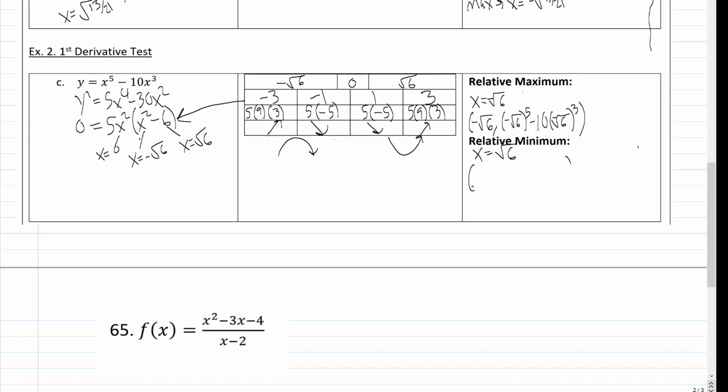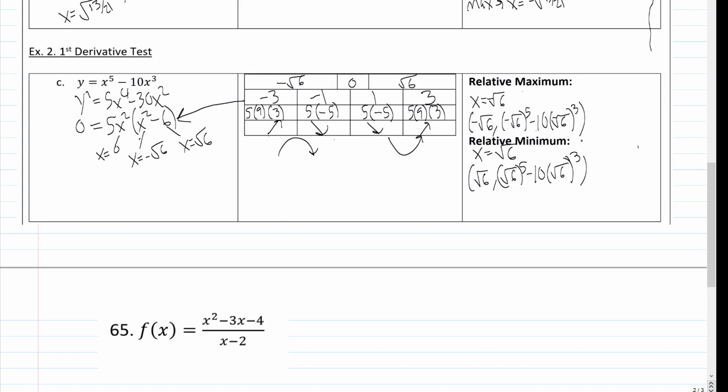And our x and y value here would be root 6, comma, and I could call this 36 root 6 if you're really inclined to do so, but leaving it unsimplified kind of shows a little more what's going on. And I plug in root 6 here as well, and booyah.